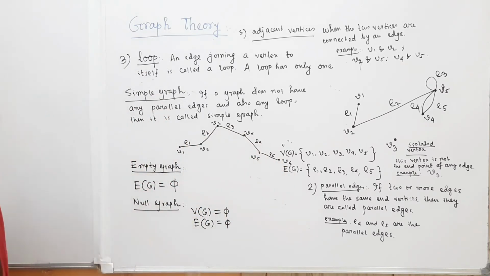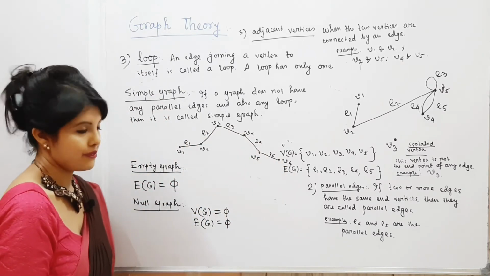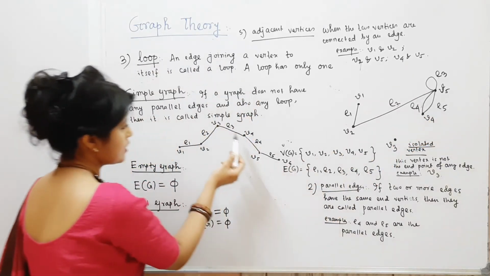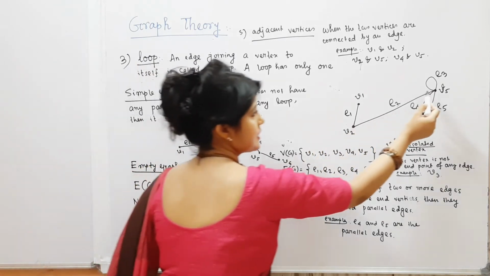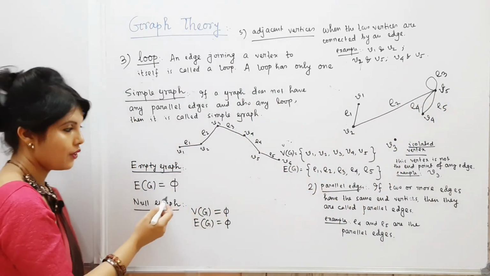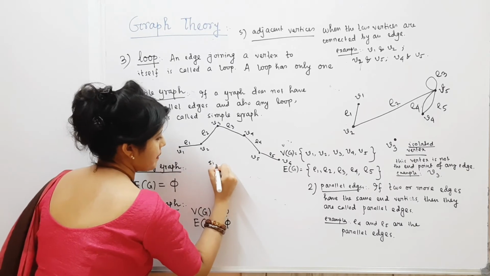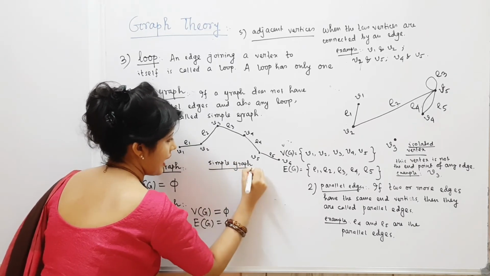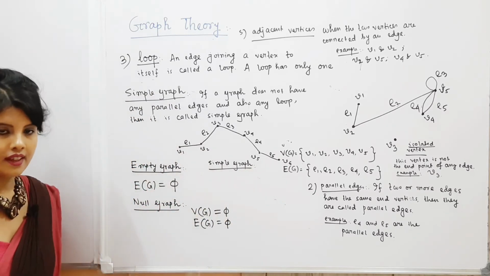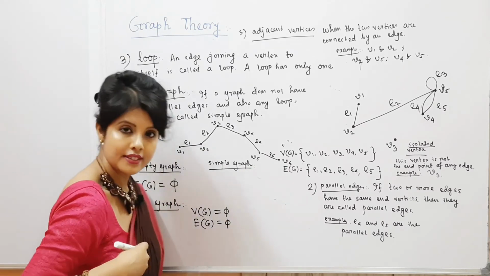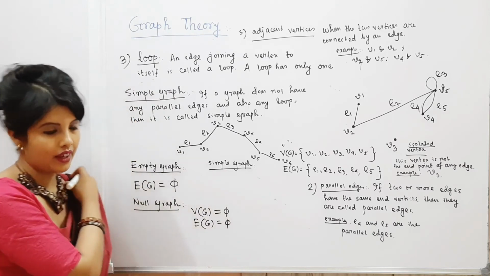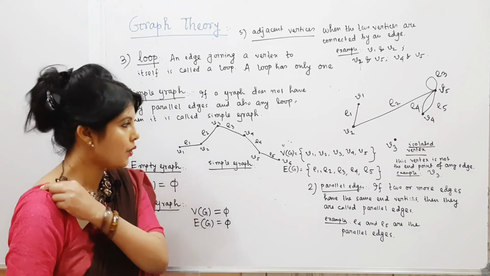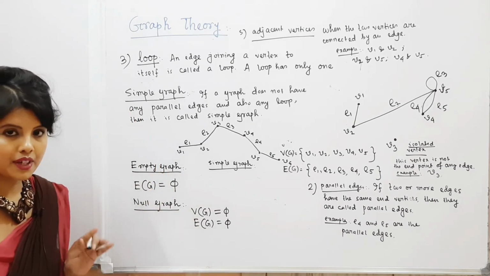This kind of graph does not have any parallel edges, so there are no parallel edges, and this would be a loop, so there is no loop. So this is an example of a simple graph. If it has no parallel edges and no loops, then it is called a simple graph. So I hope you have understood this kind of terminology.